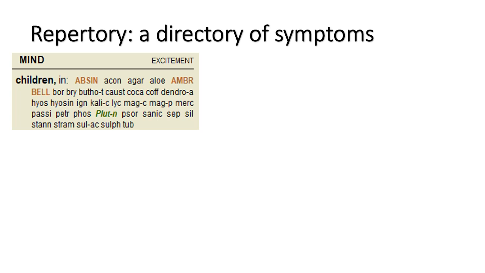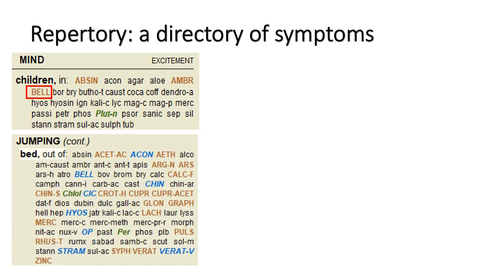As you will see, there is a list of numerous remedies. Belladonna happens to be one of them. In other words, aconite, ambra grisea, lycopodium, and so many others would also produce a similar symptom to a lesser or a stronger degree. Another symptom in the previous example was that the child was jumping out of bed.